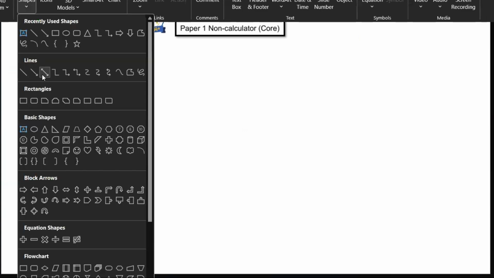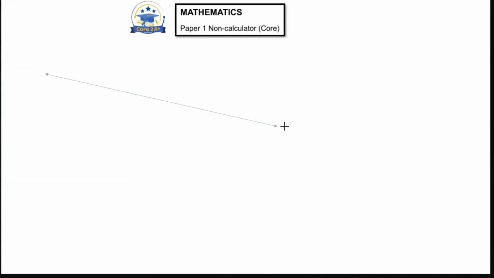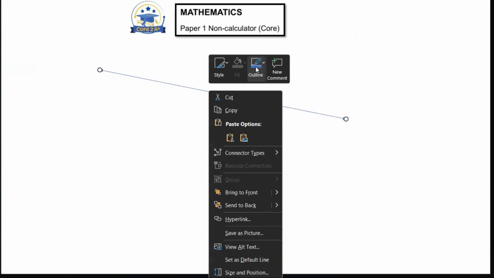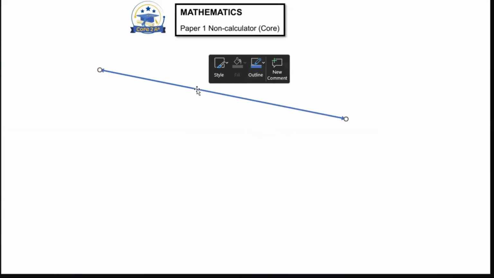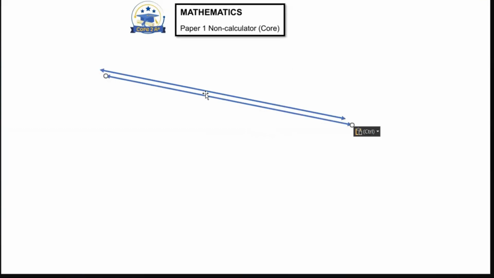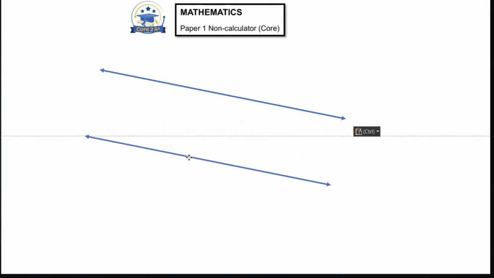If, 1 second, let me draw. What is alternate angles? If two lines are parallel, right? Parallel means what? These two lines never touch each other.